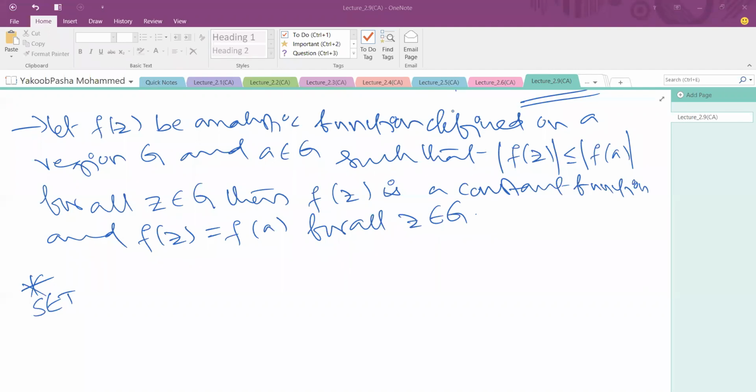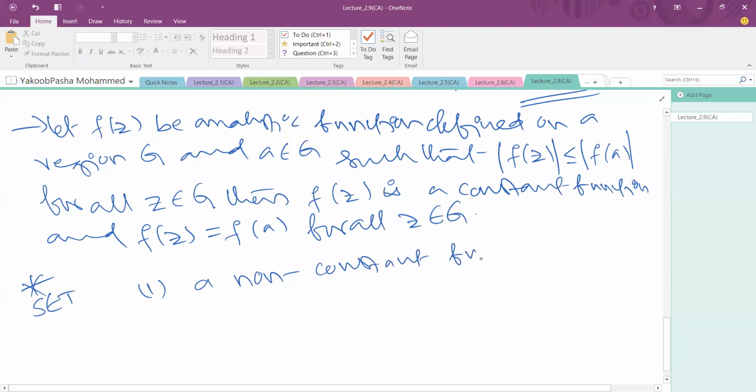Okay, same question అండి. f of z is an analytic function defined on a region g and a belongs to g such that the condition is same. ఇక్కడ ఆప్షన్స్ ఏమి ఇచ్చాడంటే ఫస్ట్ ఆప్షన్ a non constant function. Okay.